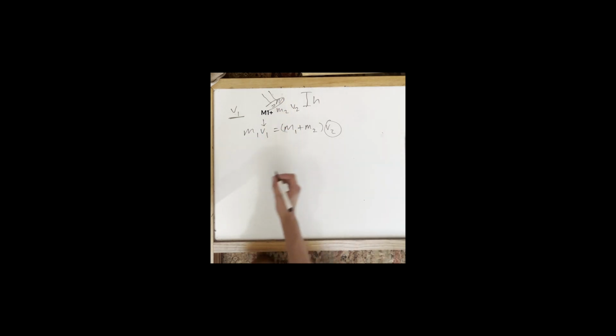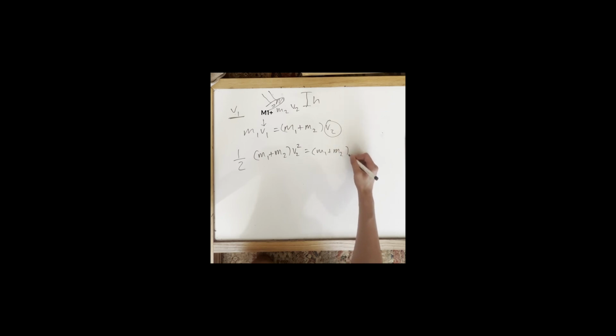So to find V2, we use the conservation of energy equation. We know H, we know g, we know M2, we know M1, and then we can solve for V2.